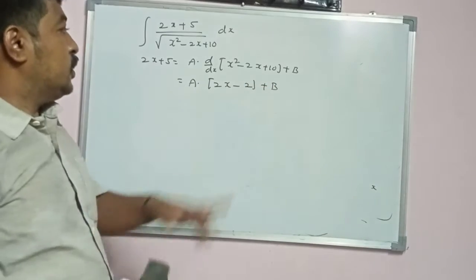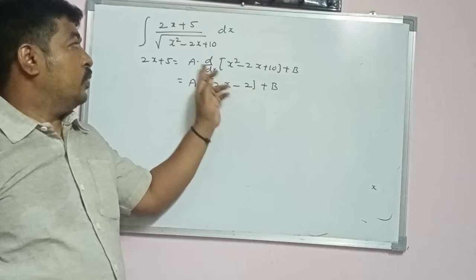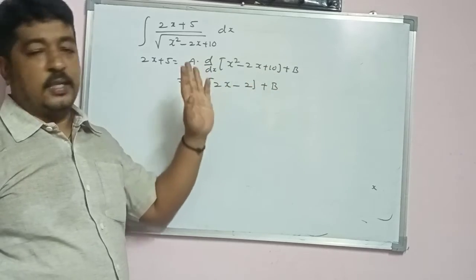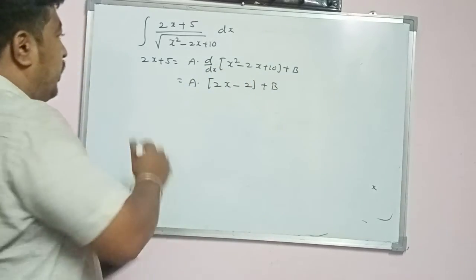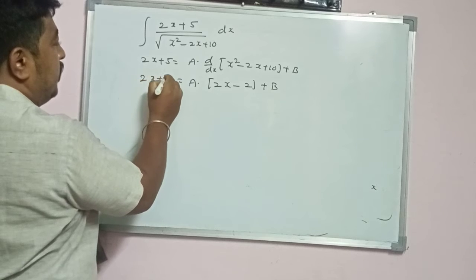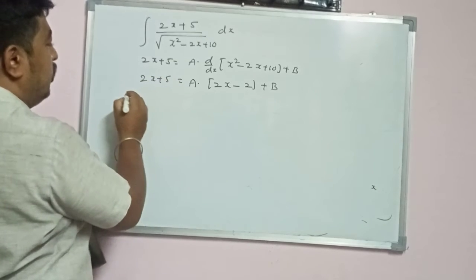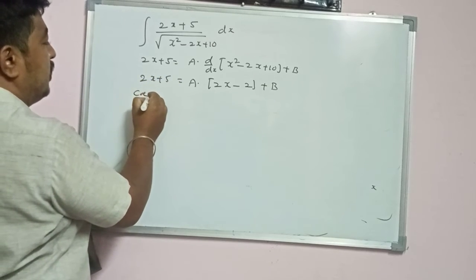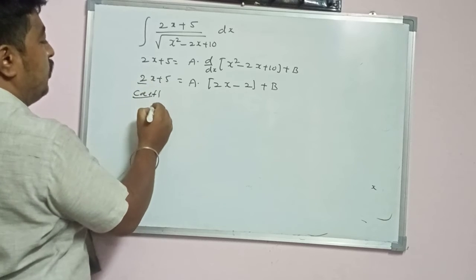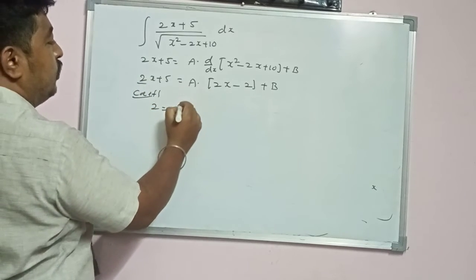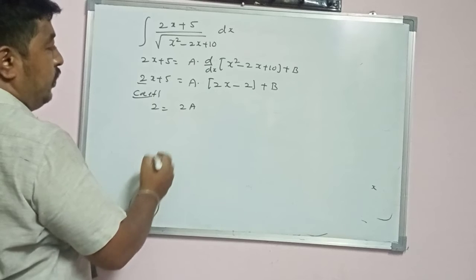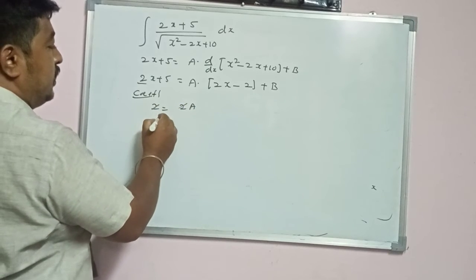The derivative of 10 is a constant. Now compare the coefficients of x. The x coefficient is 2, here a into 2x, so 2a. The 2 gets cancelled, a value is 1.